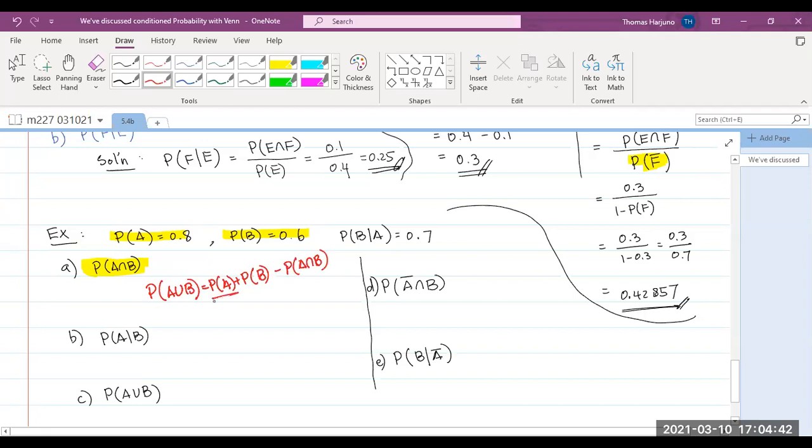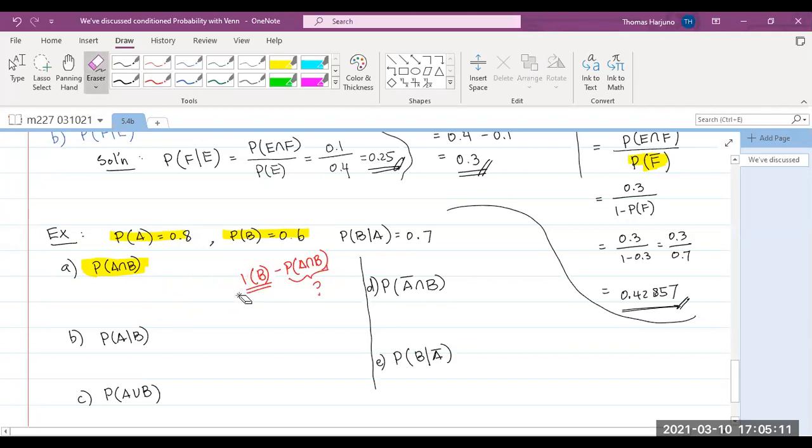Now, we have the probability of A and the probability of B. The intersection is the one in question, but we don't have the union. So you cannot use this formula, because to use it you need to have 3 components to get the fourth one.